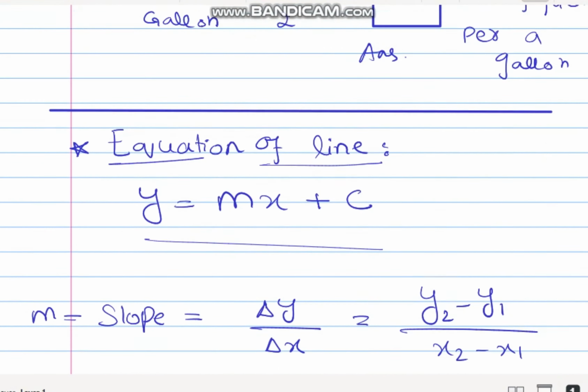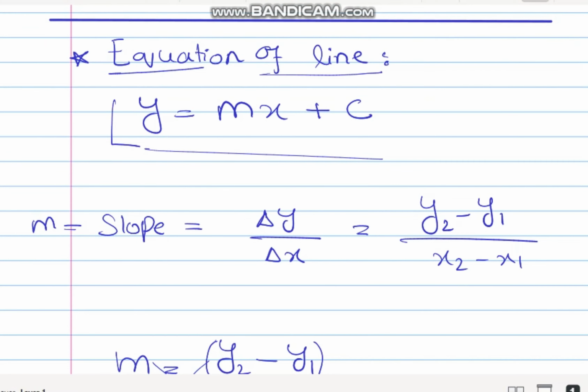And what is the name of this form of the equation of the line? Special name. Can anyone tell me? Yes, please. Isn't it the slope-intercept form?